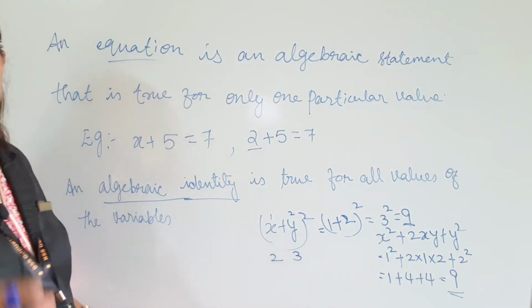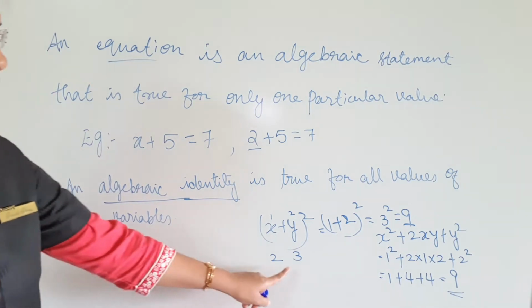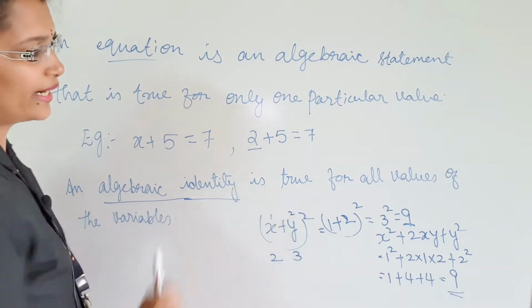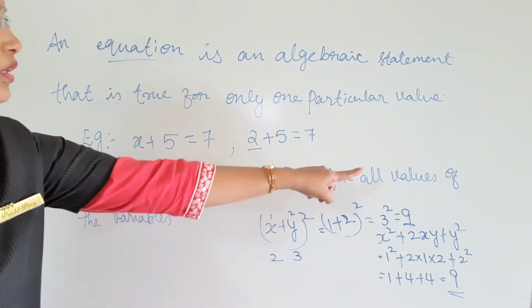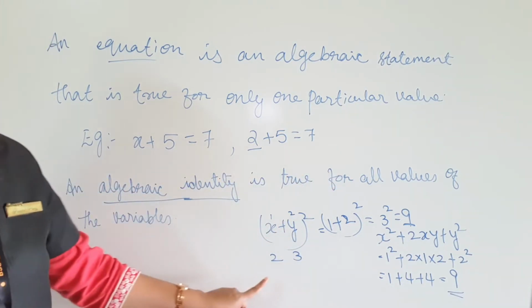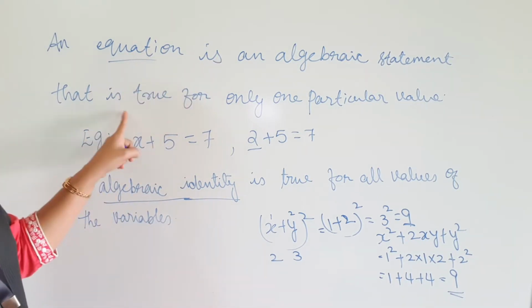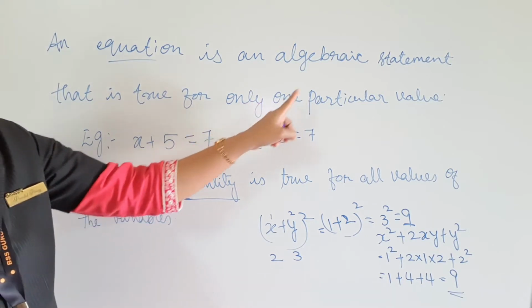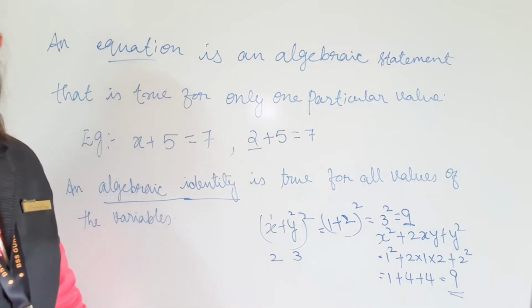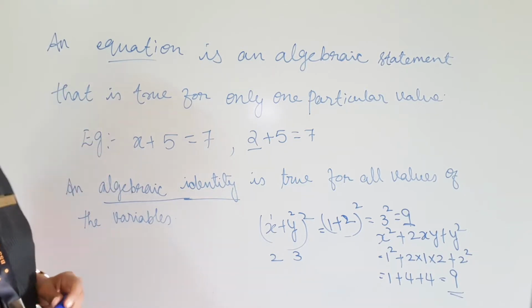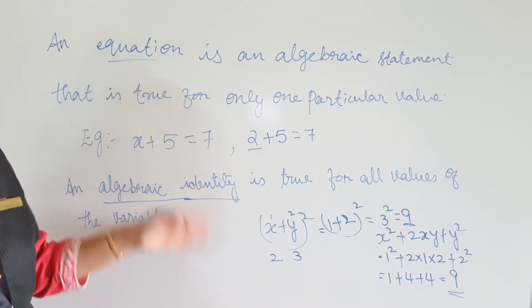So, you will get the same answer 25. Okay. So, this is called identity. It is true for all values of the variables, but in the case of an equation, it is true for only one particular value. Children, these definitions are not there in your textbooks, so please note it down.